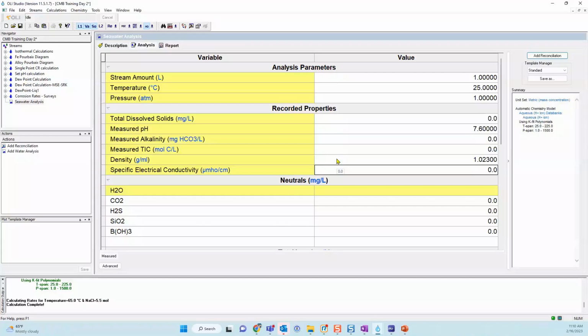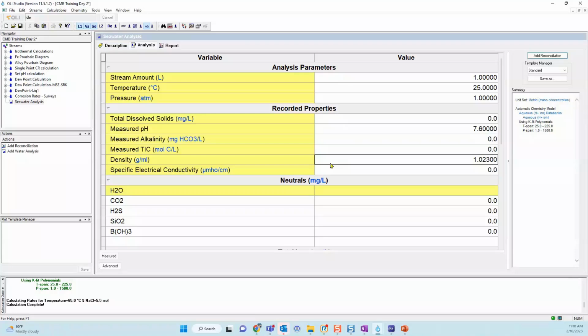Ideally, the software would be able to predict that the pH is 7.6 and that the density of the solution is 1.023 because it was measured in the lab. So we should match those values. And if we don't, then we need to ask ourselves why we are seeing those differences. Then something that is called the reconciliation step is where we have to start making sure why we are not matching those measured values.